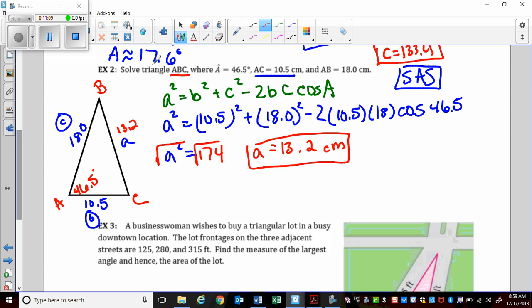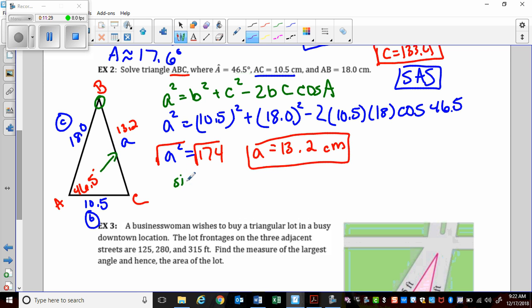And now I can use my law of sines to find one more angle. Now that we have a ratio, let's find angle B first. Doesn't matter which one we find first, but let's find angle B. So I know my ratio is A, and I know my side A now.